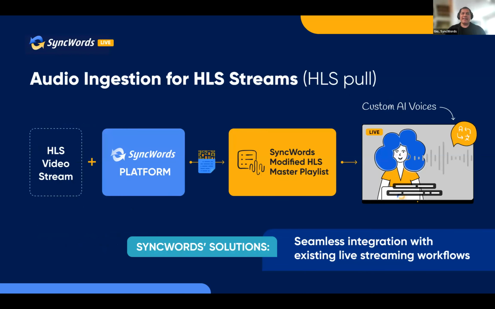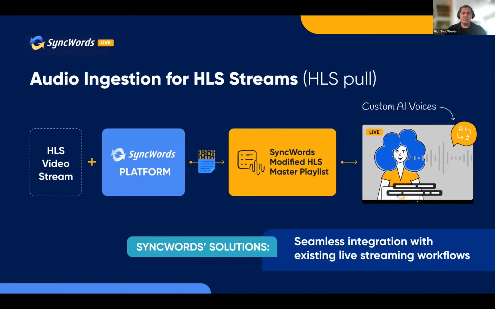What about getting that stream into speech to text? Because obviously we have to create the text in order to translate it, in order to do the dubbing. Well, you can also pull the audio from an existing live stream. So for example, if I'm live streaming right now and I go to a website, the audio is there already.